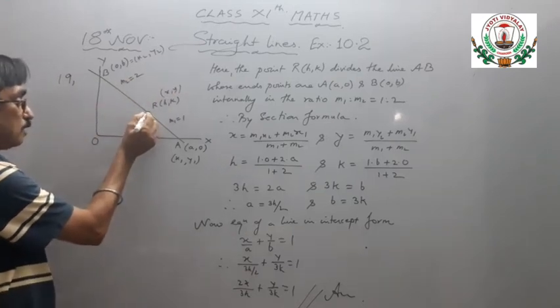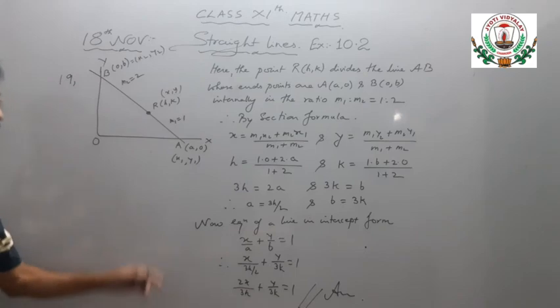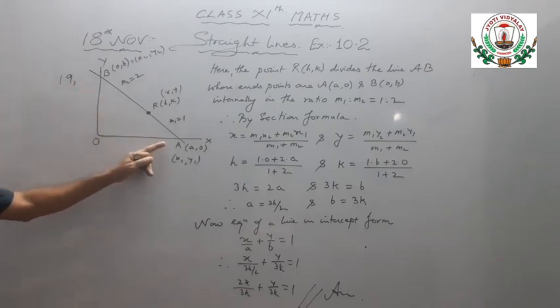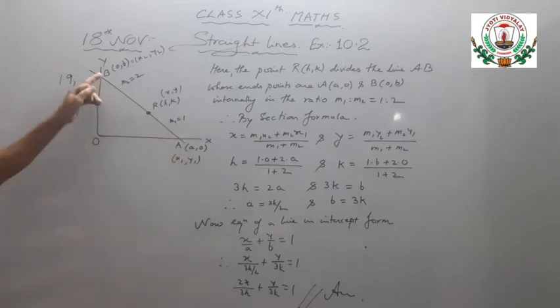This point R divides the line AB, joining the points (a, 0) and (0, b), internally in the ratio m1:m2 equals 1:2. As we studied in class 10th, this is the section formula, internal case.